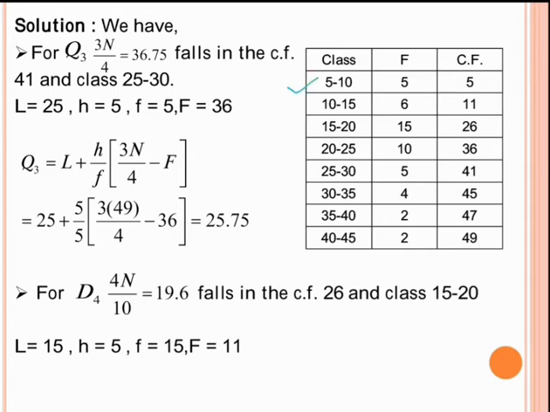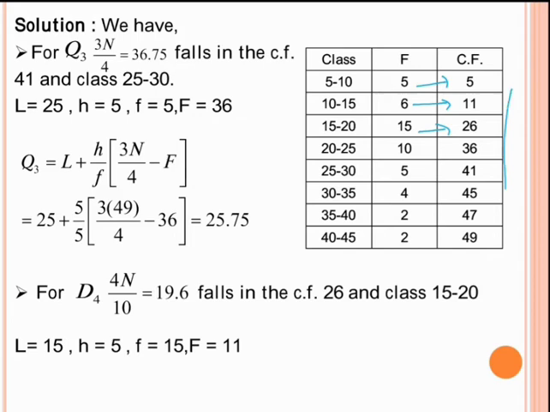So see, this is the class interval and frequency distribution given to us. Here we don't need xi, so we'll not find xi, right? We'll just move towards the cumulative frequency. So 5 plus 6, that is 11, 11 plus 15, that is 26. Similarly, we will find all the values over here.